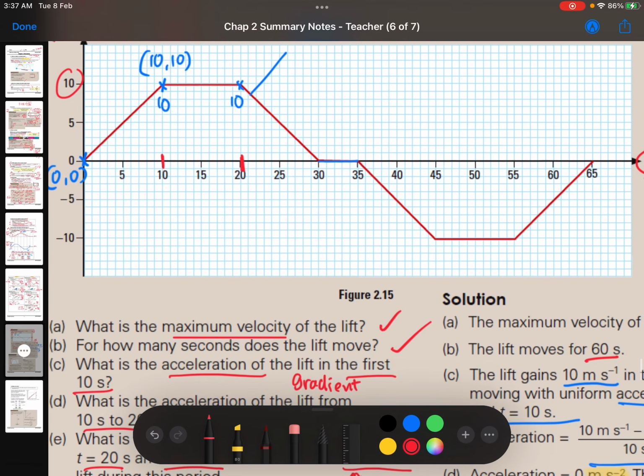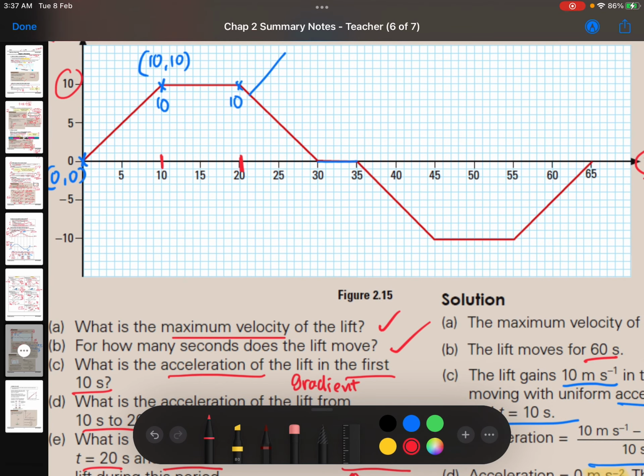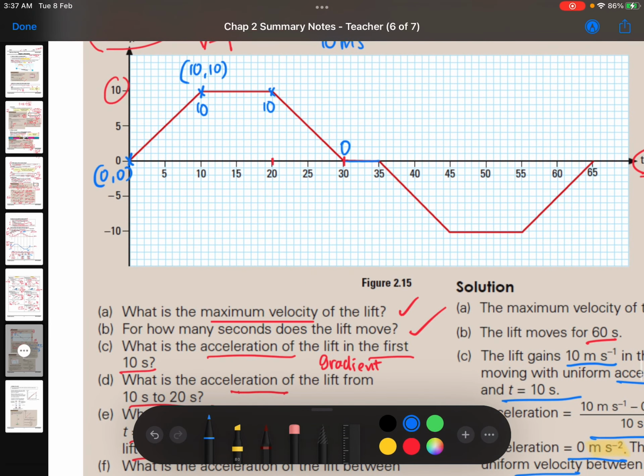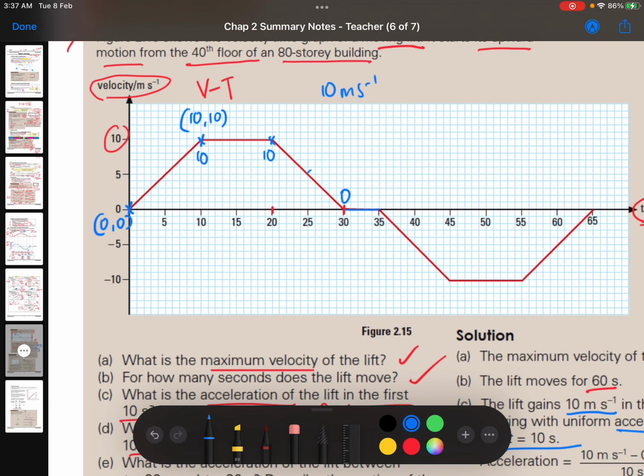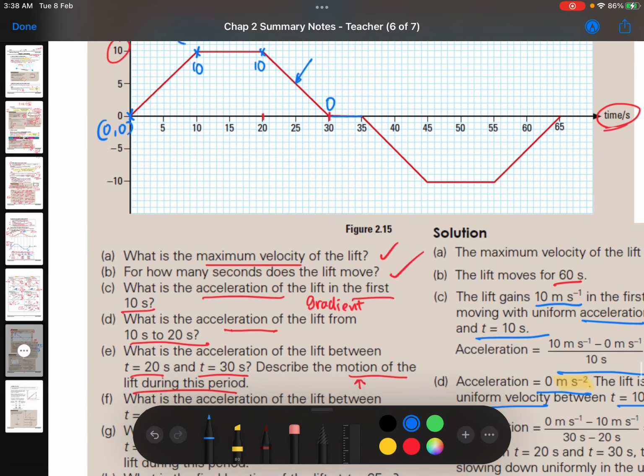So between 20 to 30 seconds, it goes from 10 meters per second to 0. And you see that the speed or velocity of the object steadily decreases to rest, right?